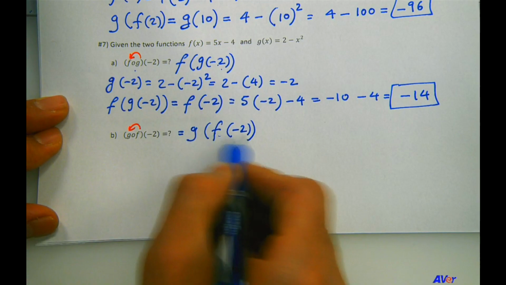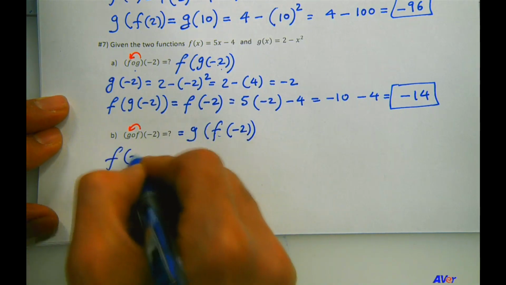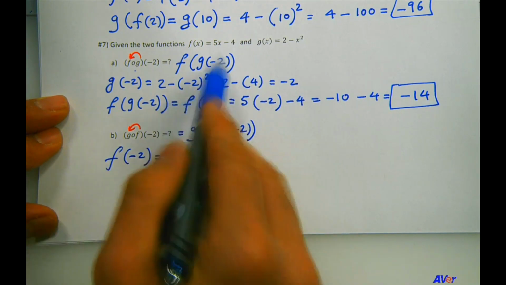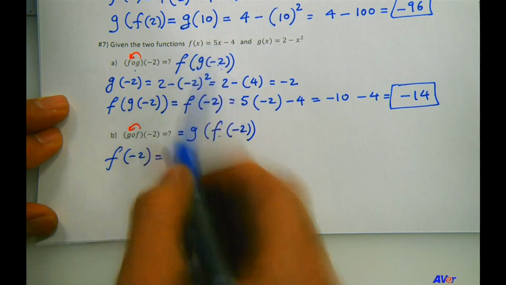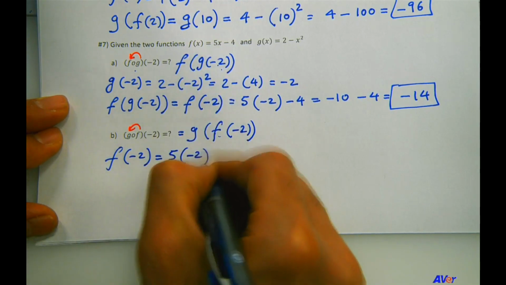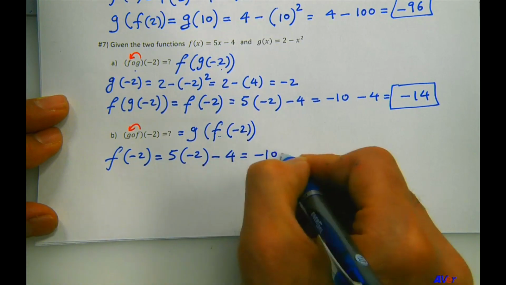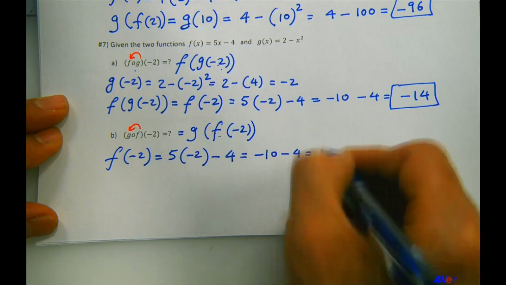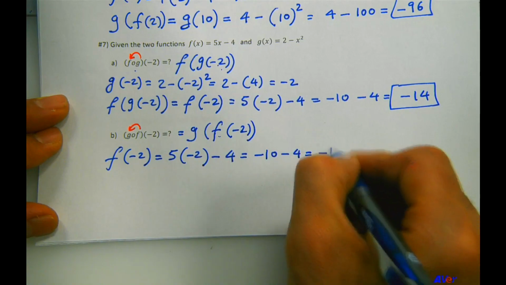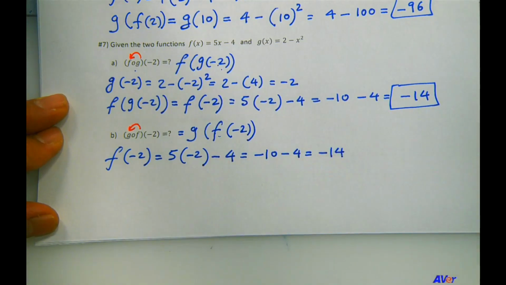So first, let's find this piece. The function f at -2, let's plug in for x with -2, which is 5 times -2 minus 4. That's -10 minus 4, and we get -14.